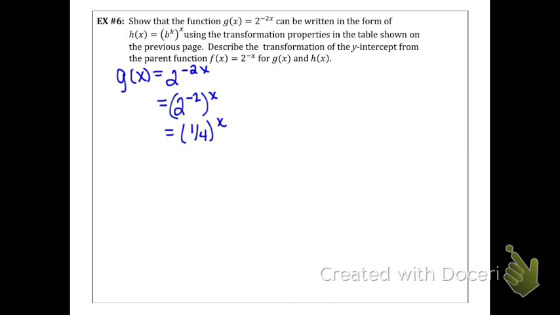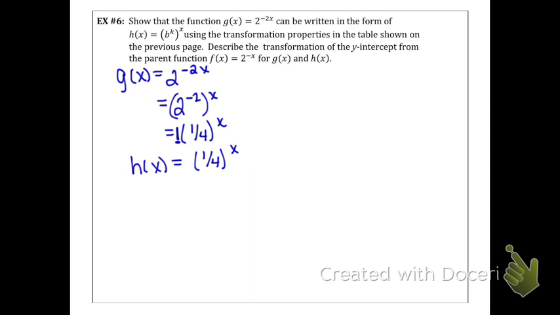So it's been written in the form of, well, our note says h of x equals a times b to the x. So what number would be right here? There's a 1 if it's not written. So we know that our h of x is just 1 times 1/4 to the x. So we're just going to write it as 1/4 to the x.